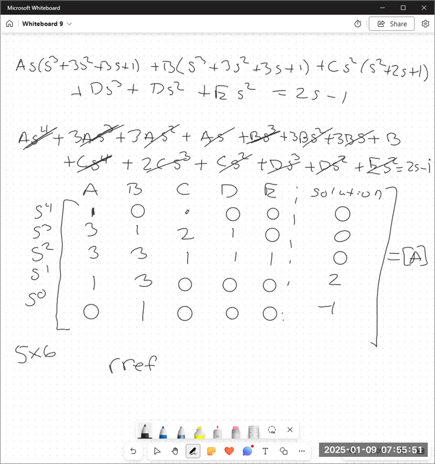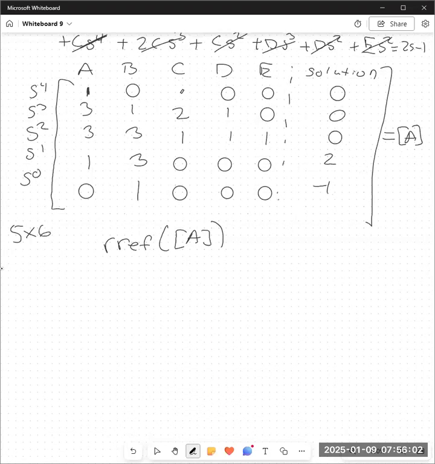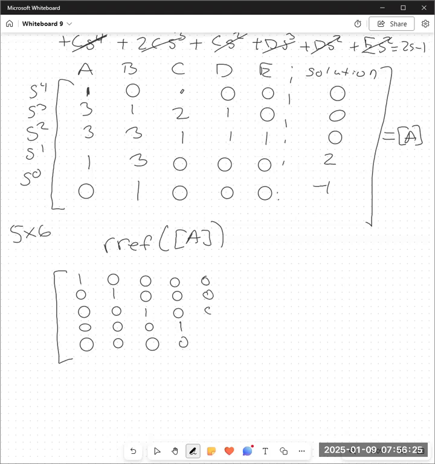Then go back into my matrix menu and recall matrix A. And it's going to spit out a new matrix for me that looks like this, that has the identity matrix, and it has my answers for A, B, C, D, and E.